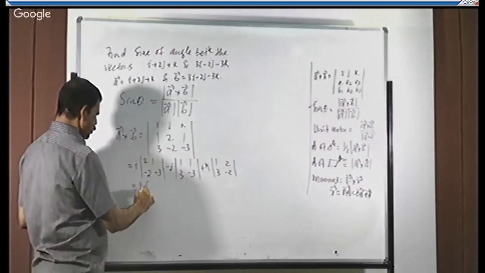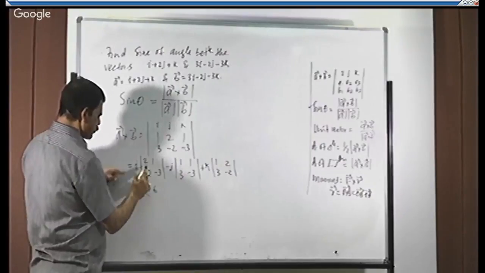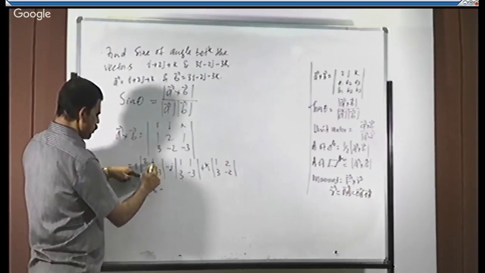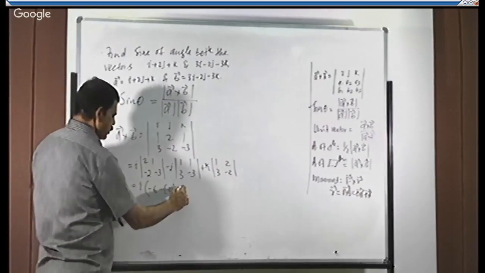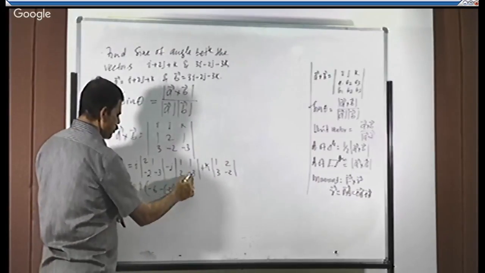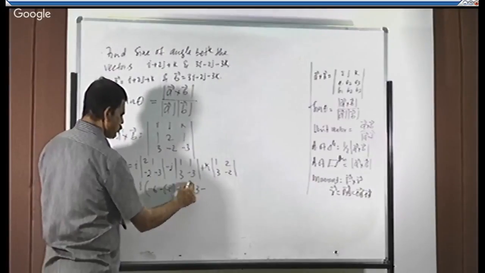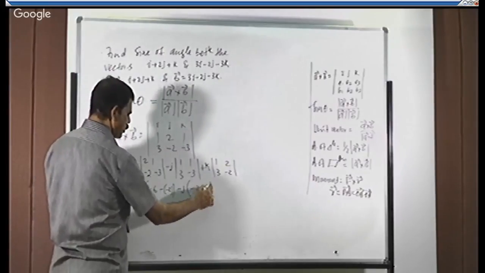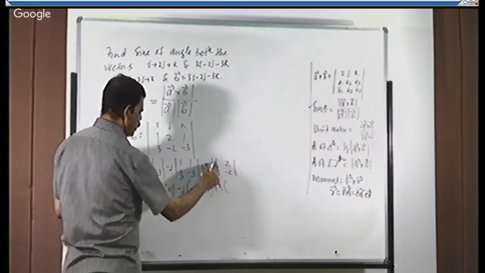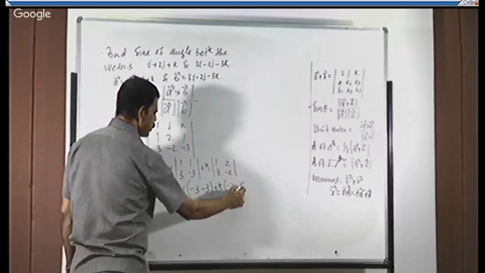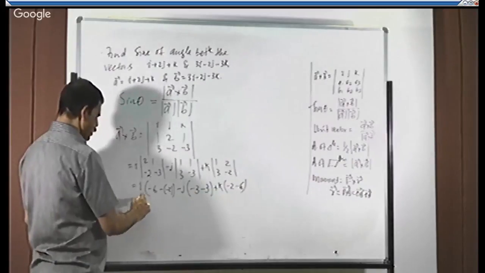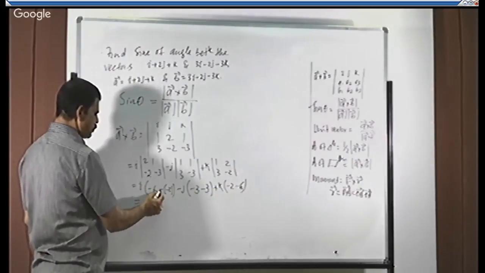Now expand it. i into 2 into minus 3, minus 6. Product of these two. Minus of 1 into minus 2, minus 2. I have taken separate. Minus of j into 1 into minus 3, minus 3. Minus 1 into 3 is 3. Plus k into 1 into minus 2, minus 2. Formula: minus 3 into 2, it is 6. Finally, minus into minus is what?